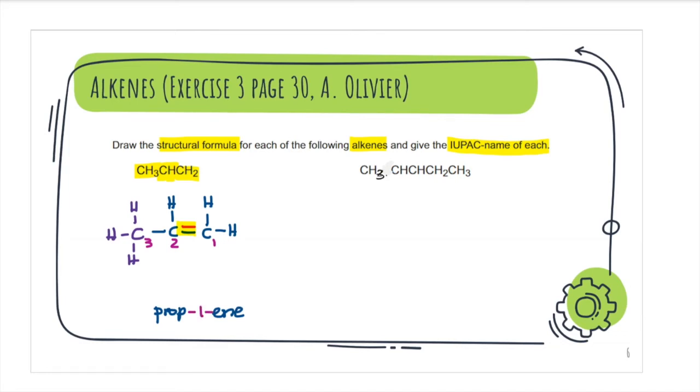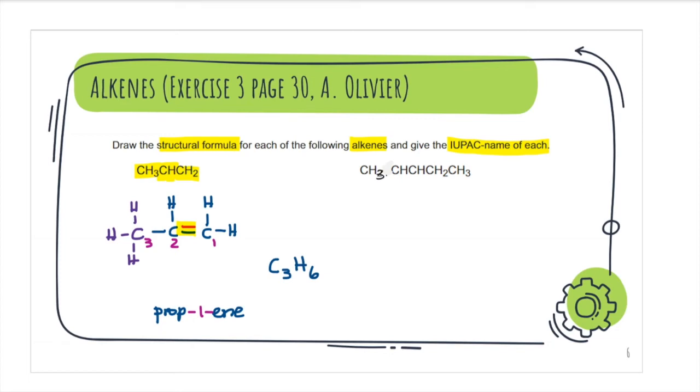This over here is the name of this compound, prop-1-ene, and as mentioned, we've drawn the structural formula as well. In some cases, your teacher or textbooks may tell you that it is not necessary to write down this 1 in between, and that is simply because in propene, the double bond has to fall onto the first carbon, and therefore this is an obvious case. But I am just including it just so that we can make 100% sure that we've done everything.